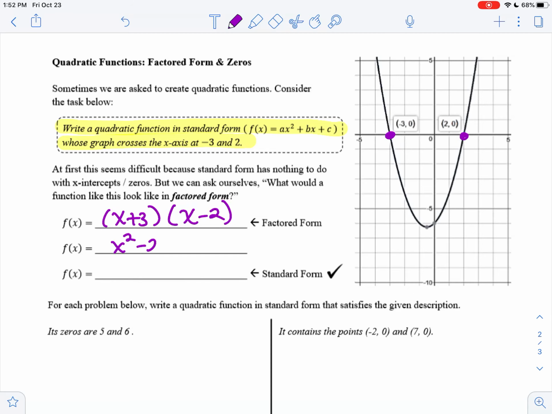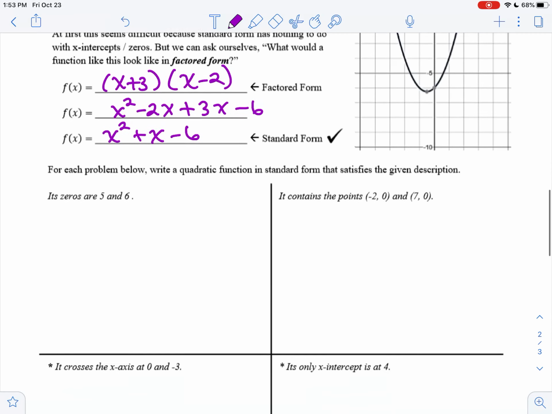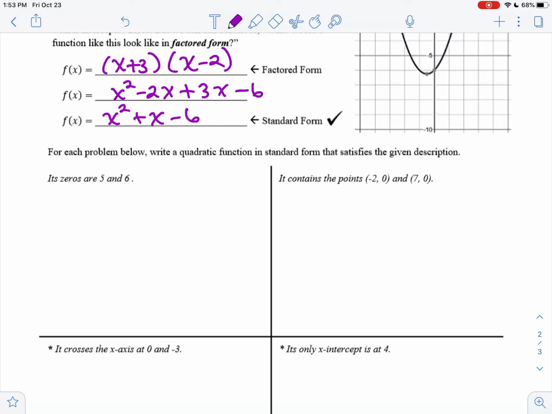And so for the factored form, we're always going to reverse the signs. Okay, now we can FOIL this out. So we'll have x squared minus 2x plus 3x minus 6, or x squared plus x minus 6, and that's what we call standard form.